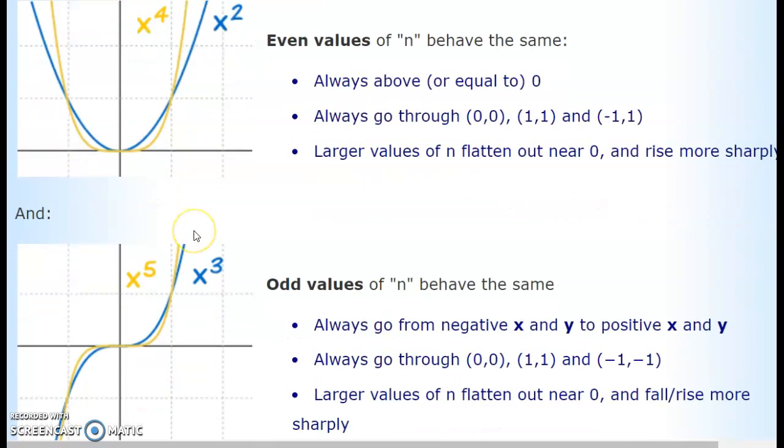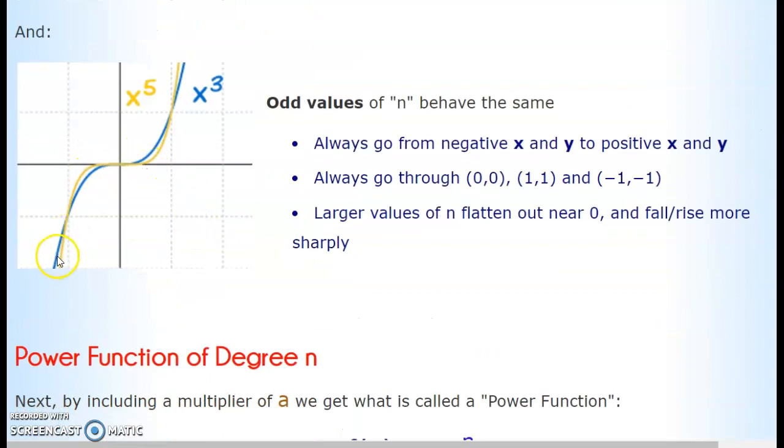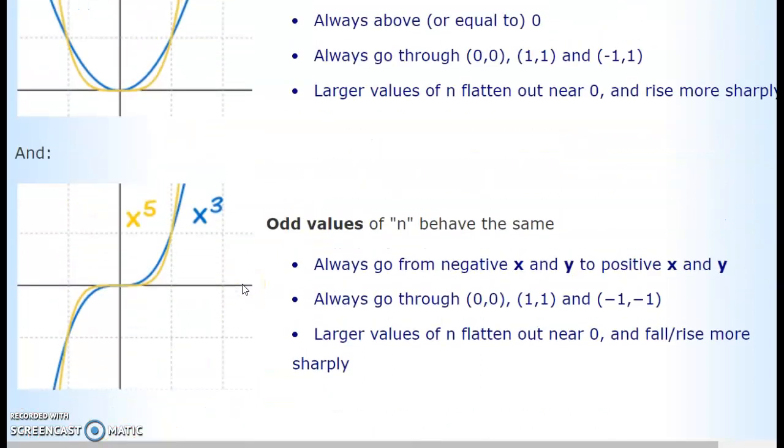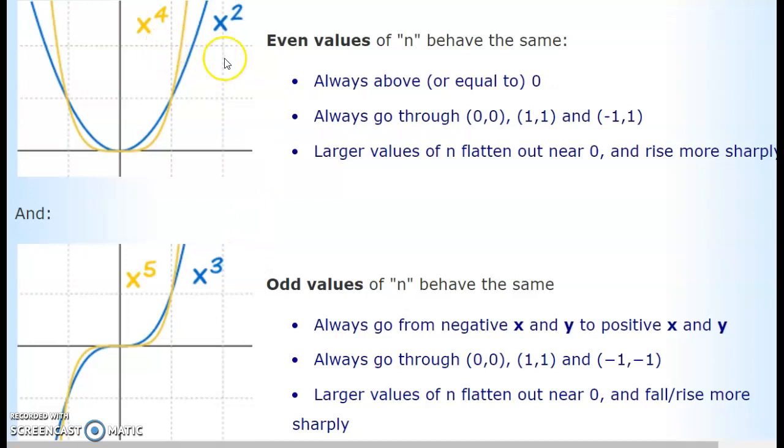Any odd degree function is going to have opposite end behavior. We start down at negative infinity and end on the right up at positive infinity. Even if we reflect that, we would just start up at positive infinity and end down at negative infinity. So the only things we need to determine end behavior are the degree of the function, which tells us whether it's matching or opposite, and the sign of the leading coefficient, because that dictates a reflection.